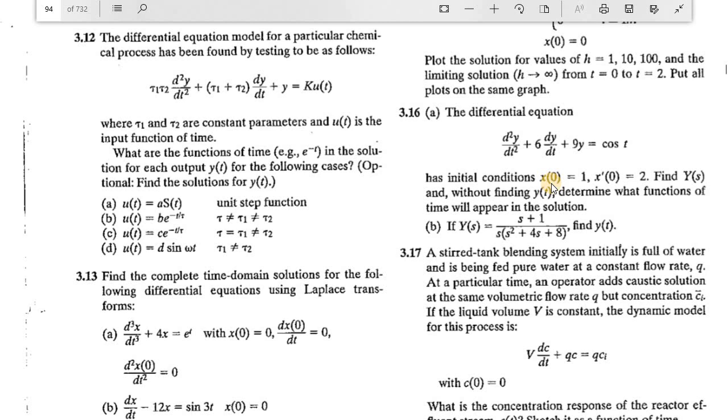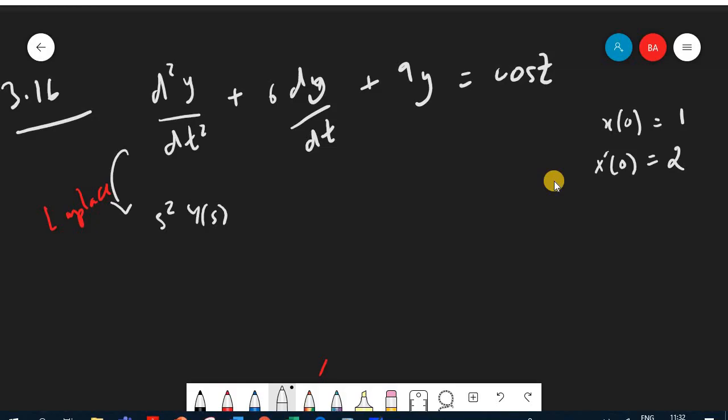Here it's giving us the initial condition for x. Actually, it should tell us the initial condition for y. So y at 0 is equal to 1. This was written by mistake in the problem. So these are y's that we have here.